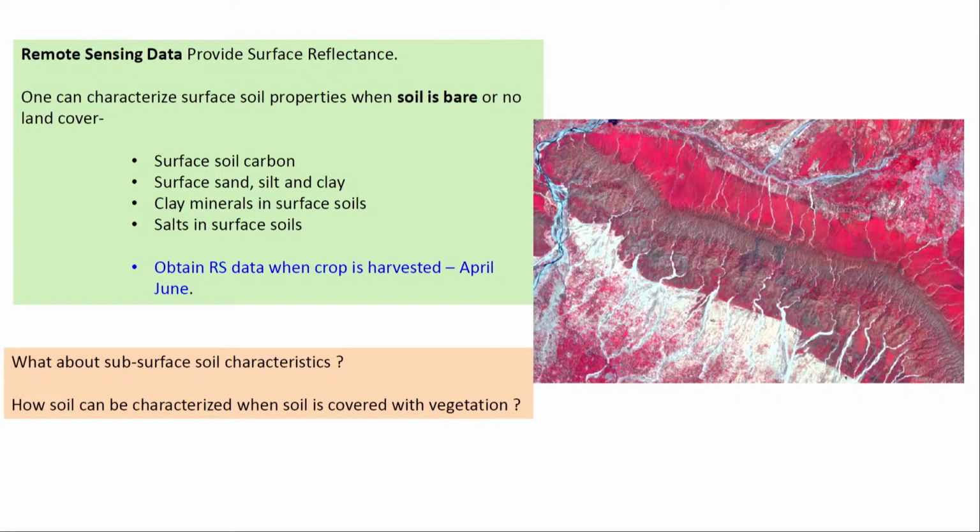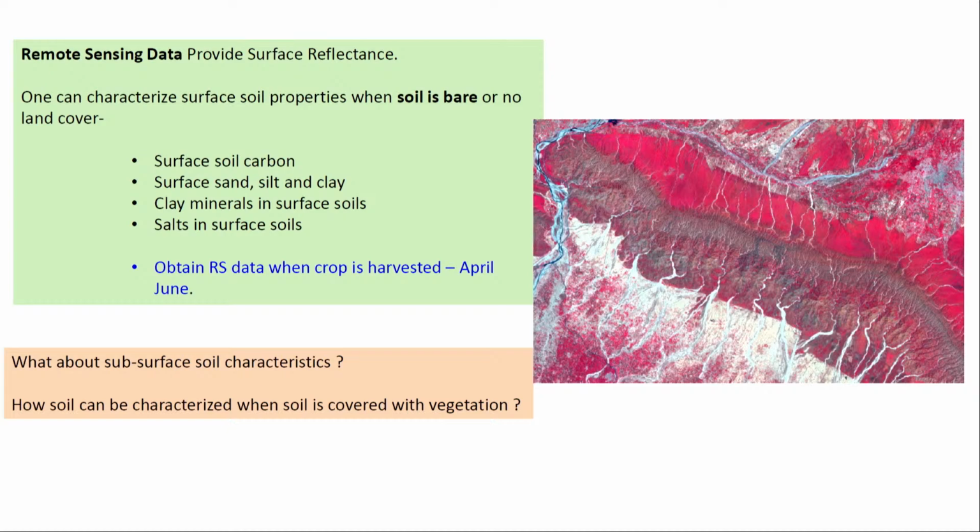Now, coming to remote sensing satellite data and how we can prepare the soil map or generate soil information. You see that remote sensing data provides surface reflectance.